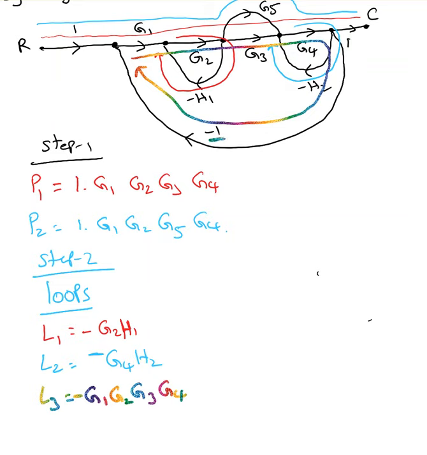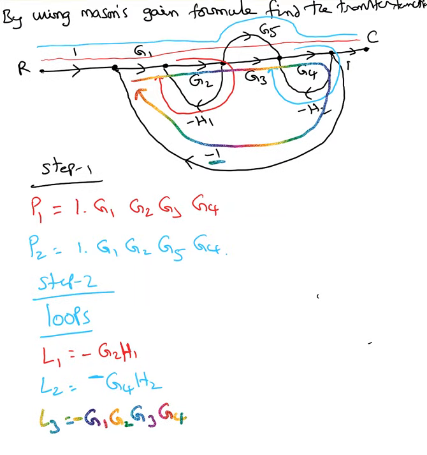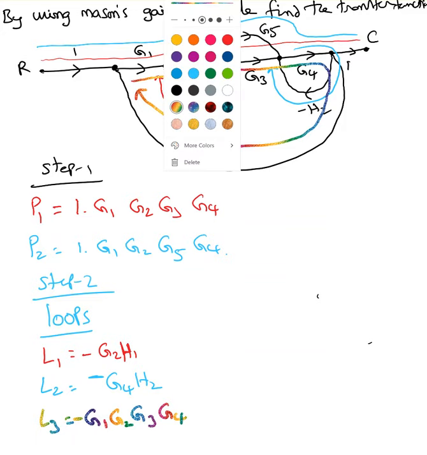Are there any more loops in this system? Think about it. Review one more time. I can see one more loop. If you don't practice enough, for sure you're going to forget the 4th one. So here is the 4th loop. Let me use a different color. Okay, green.